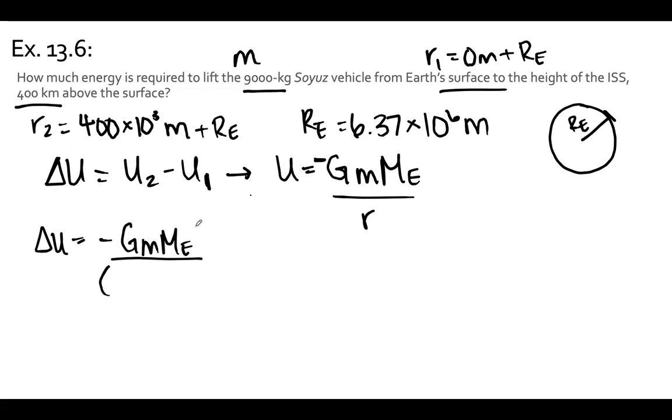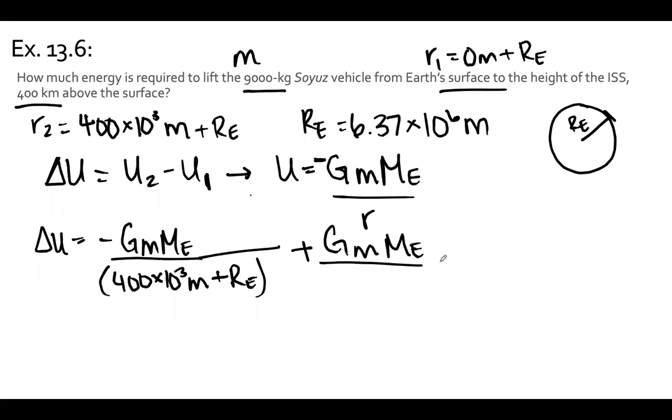So the radius down here, I'm going to just leave it for now like this for a moment. And then plus G M M E over R sub E. I'm going to simplify this.